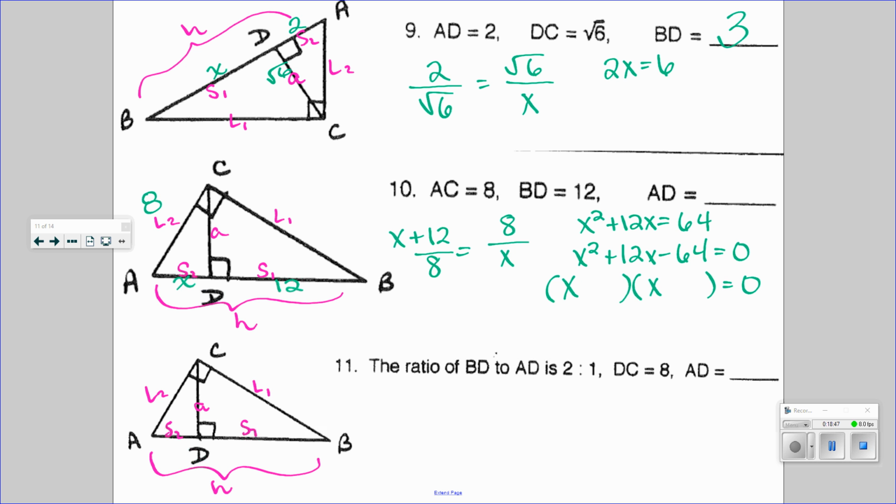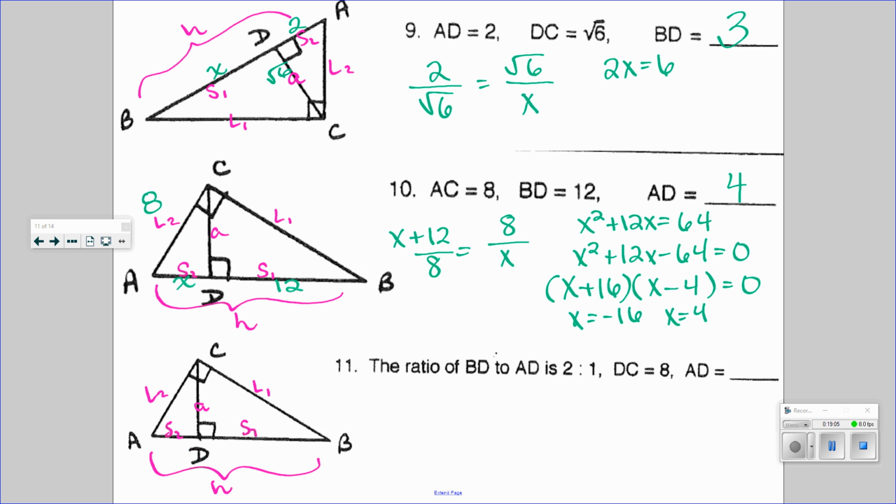What factors multiply to be 64? Negative 4 and 16. Yeah, so positive 16 and negative 4. So that means our two options are negative 16 or 4. Therefore, 4. This is the one.